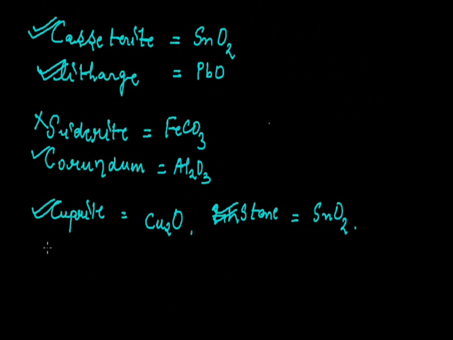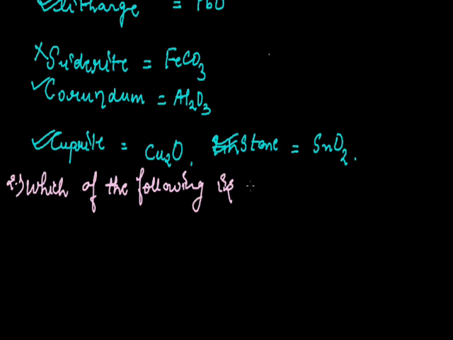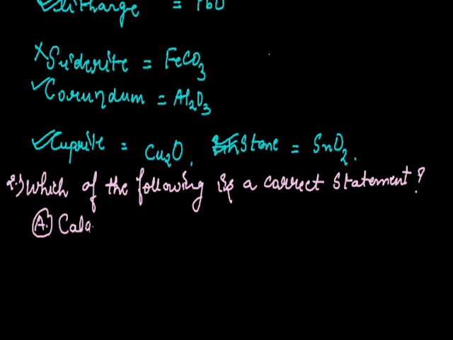The next question: which of the following will be a correct statement? Option A, calamine is an ore of zinc.